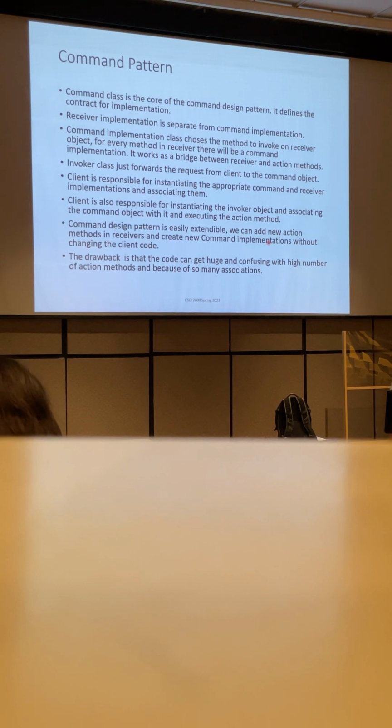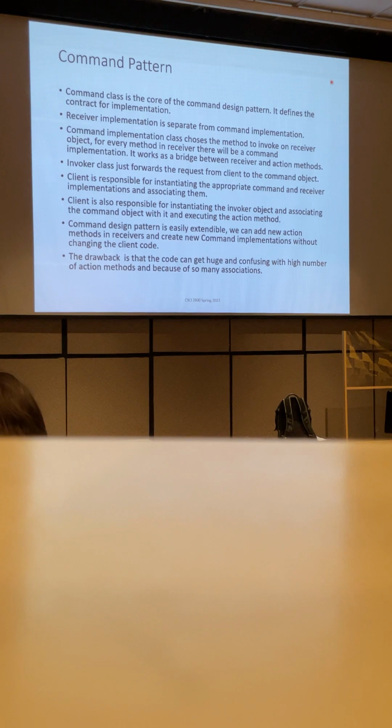All right, so the command pattern is a very common design pattern, because it defines a contract that all commands should now follow. The job of the invoker class, which was this file invoker, is basically to forward the request from the client to the corresponding command object.